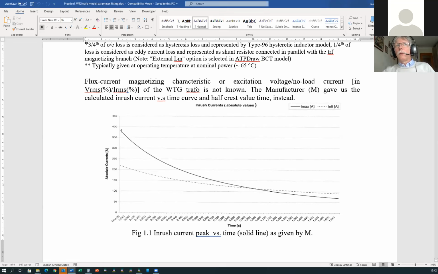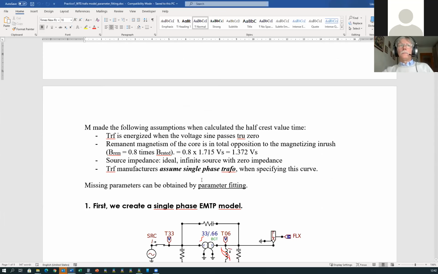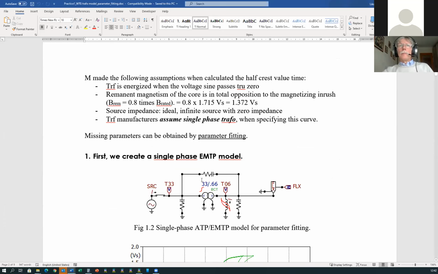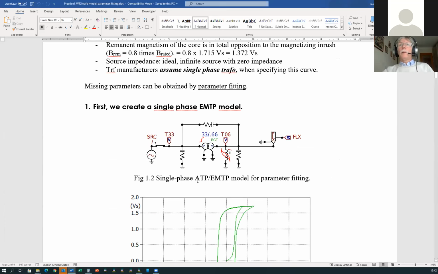This one gives the same information, but the peak current is displayed now. So we need some parameter fitting to be able to reproduce the behavior of the transformer.